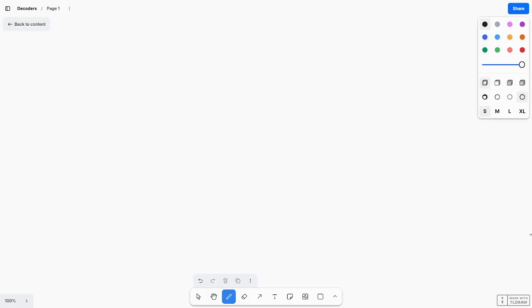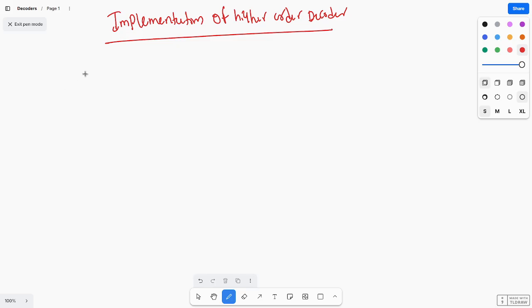Implementation of a higher order decoder: suppose I want to implement a 3 to 8 decoder using 2 to 4 decoders. So how to implement it, you see here.